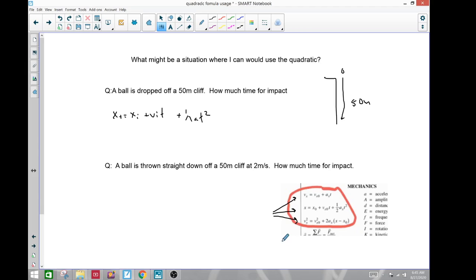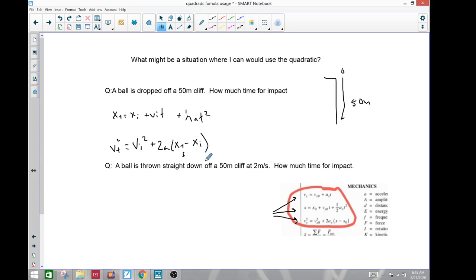The other one is velocity final, or velocity at time t, I like that much better, squared, equals velocity initial squared plus 2a, and then position xt minus xi, so position final minus position initial.